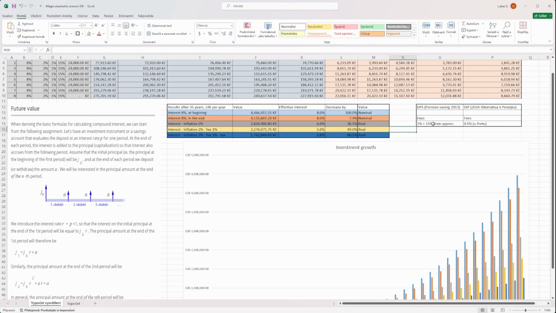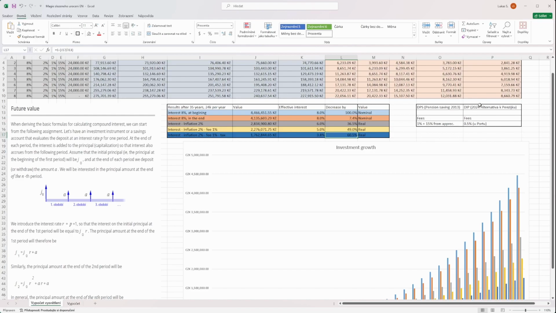And these companies inside pension saving were charging 1% per year and also 15% from appreciation fee, which is like this last case. And this means that it simply took away 60.5% of the value that we can use after 35 years.